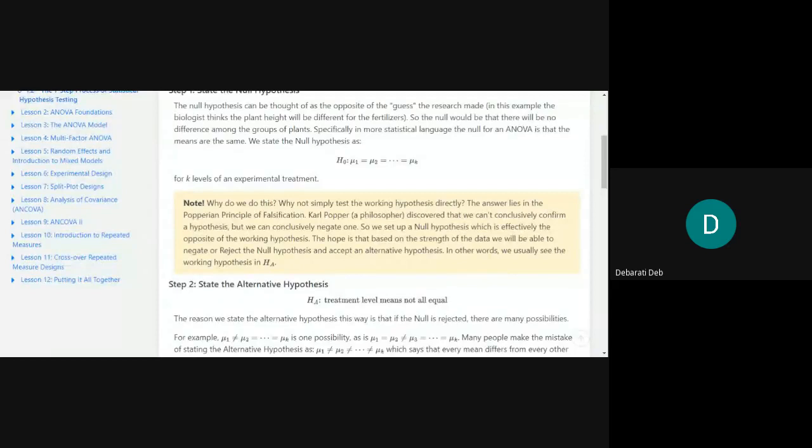So the null hypothesis is written in notation as H naught is mu1 equals mu2 equals, like that, till mu k, for k levels of an experimental treatment, if you are doing the treatment for k number of groups of plants.